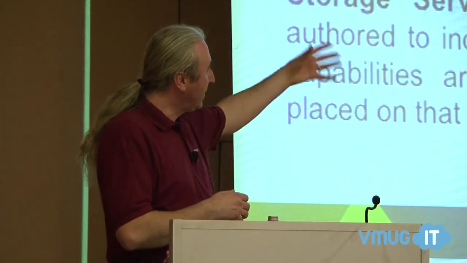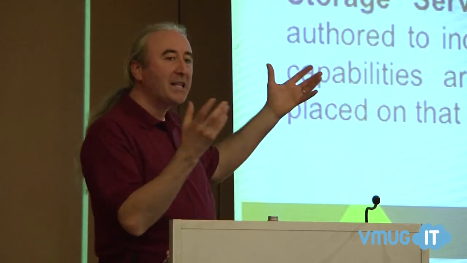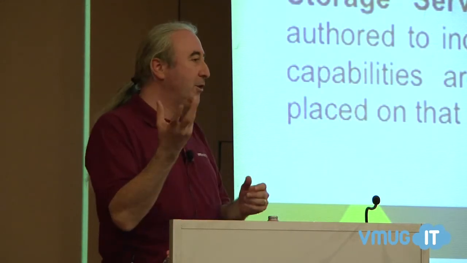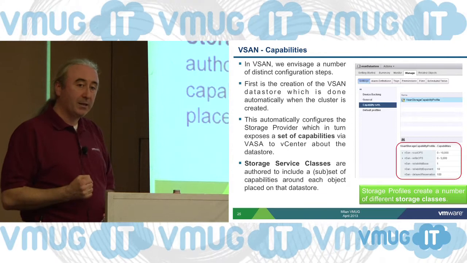Once you have these properties, you can then go ahead and build your storage classes, or your profiles, if you want to call them that. So here we get, let's say, the configuration maximums from your vSAN. It'll tell you what you're able to tolerate from a failure perspective, how many IOPS perhaps you might be able to achieve, something like that. But once you have these capabilities, you can go ahead and start defining your policies.